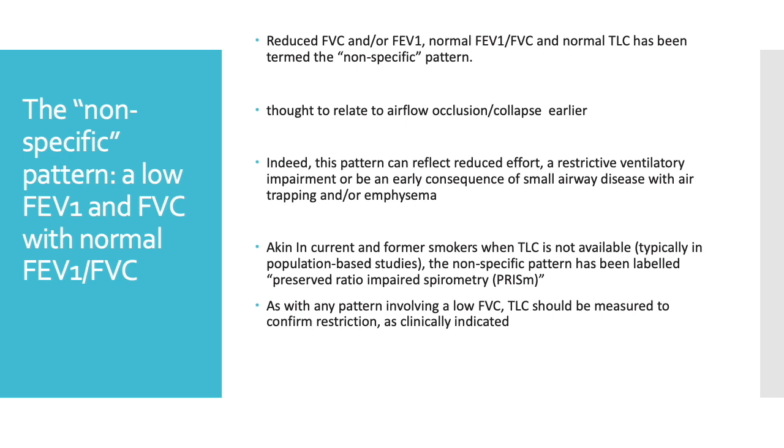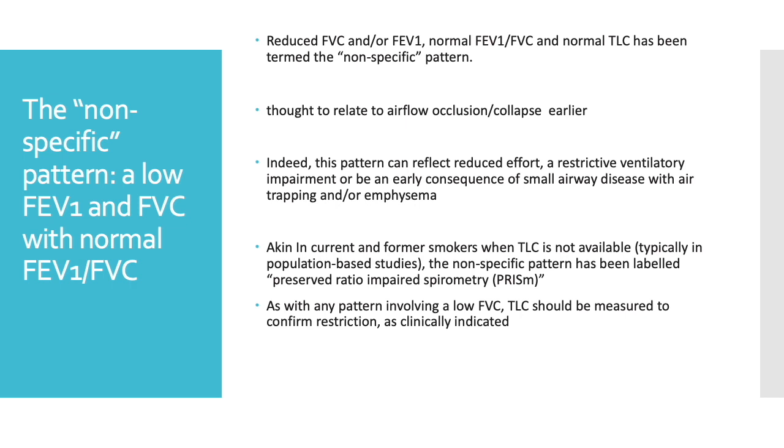This was earlier thought to relate to airflow occlusion or collapse, but it has now been seen that even if your patient does not make a good effort or does not inhale or exhale completely, you may get a falsely low FEV1 or a falsely low FVC. So your ratio is normal but FEV1 or FVC is low.